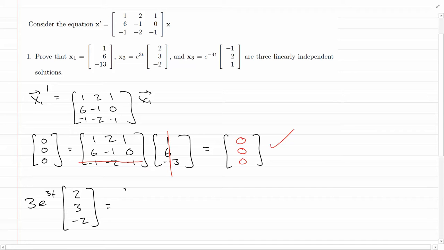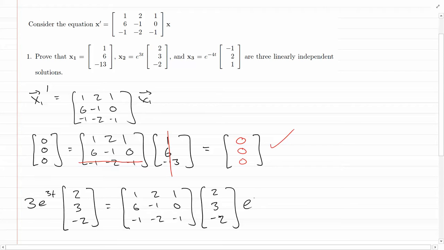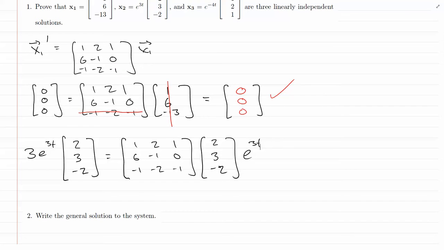And we just need to make sure that that's the same thing that we get when we do the right hand side, the 3 by 3 matrix times x2, which, let me write it like this. I'll write the vector first, and I'll leave the e to the 3t out here. So I can do the matrix multiplication first.